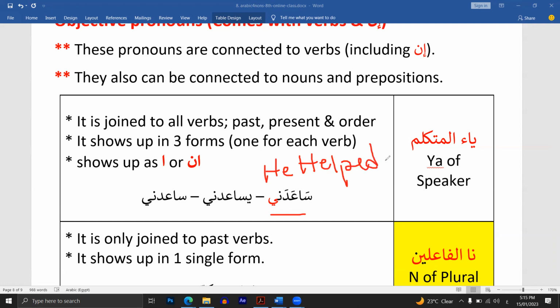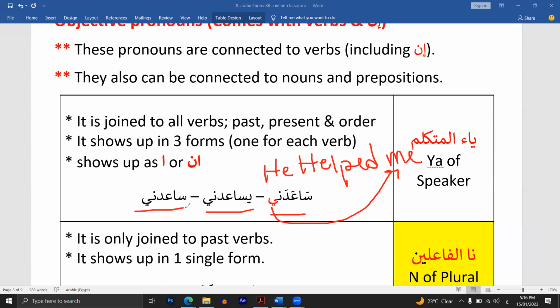Sorry about my handwriting. He helped me. So this ي means me, objective pronoun. It's not I. ساعدني, he helped me. يساعدني, he is helping me.